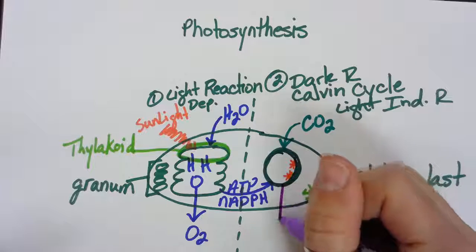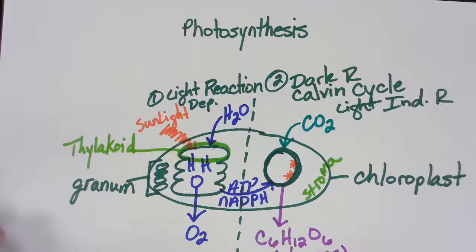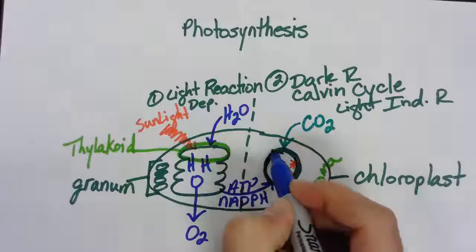And out of this, our second product is going to be C6H12O6, which is our glucose, the sugar, carbohydrates. Okay, and then once that is able to come out, what happens? What did we just use? Energy.